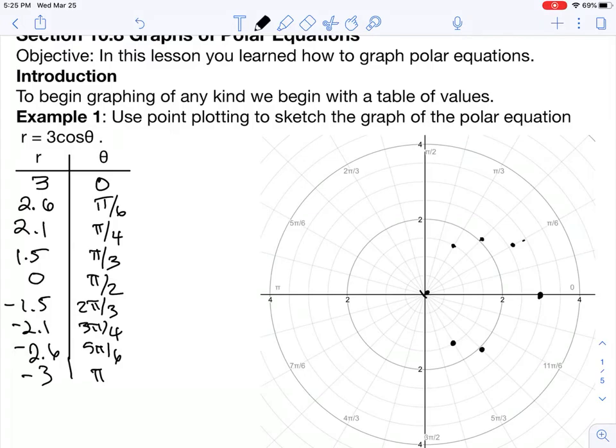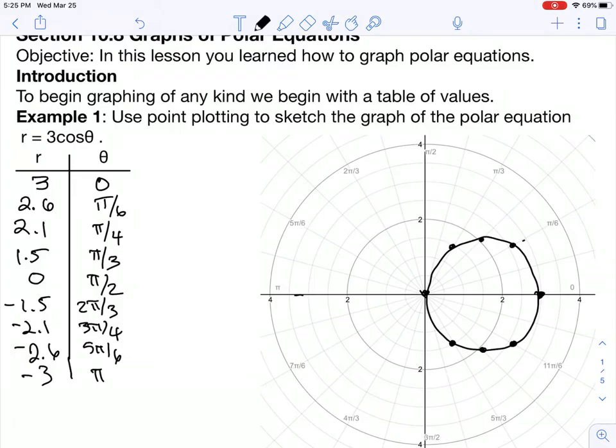And then 11 pi over 6 is 2.6, so a little bit more than 2.5. And then negative 3, if we go backwards, we're here again. So I think you can see these points. If not, you have to do points in between. But I think you can see these points are making a lovely circle.